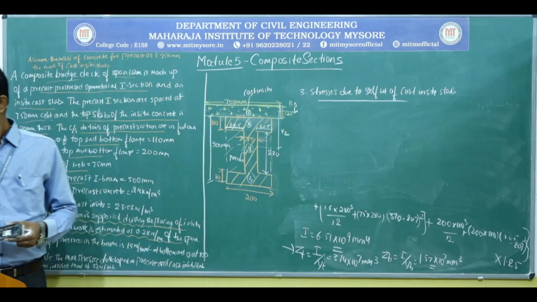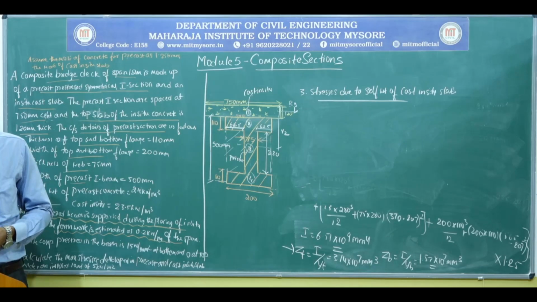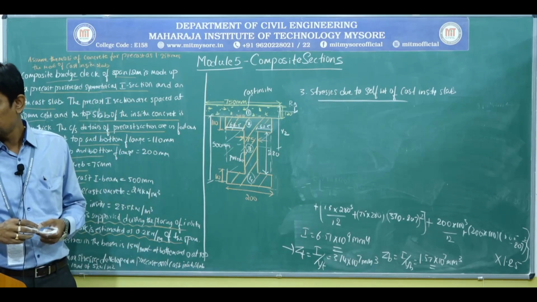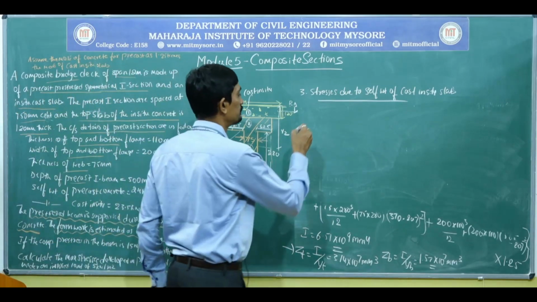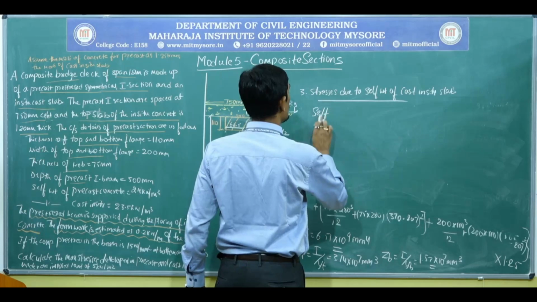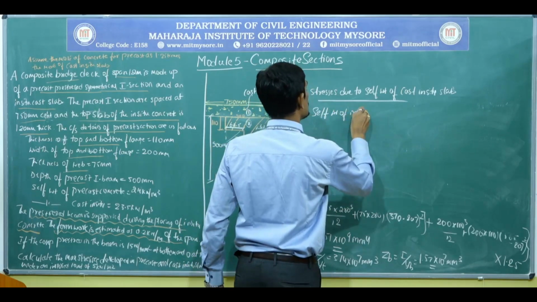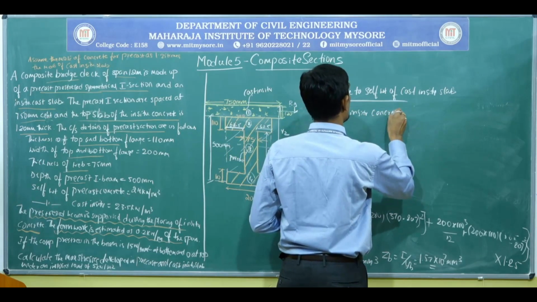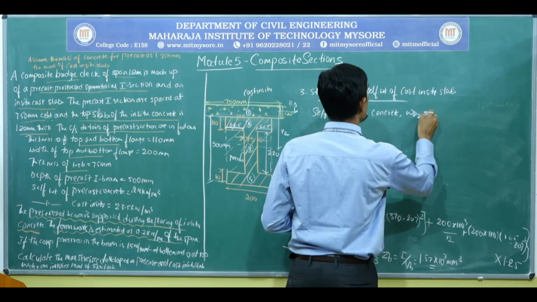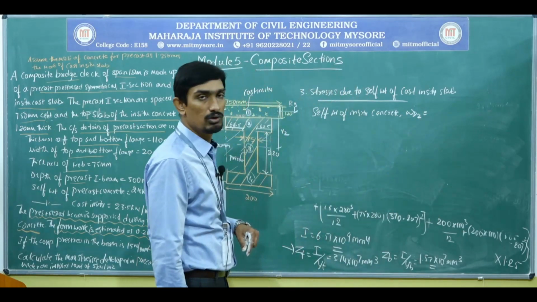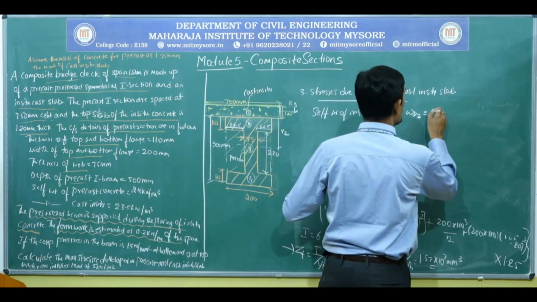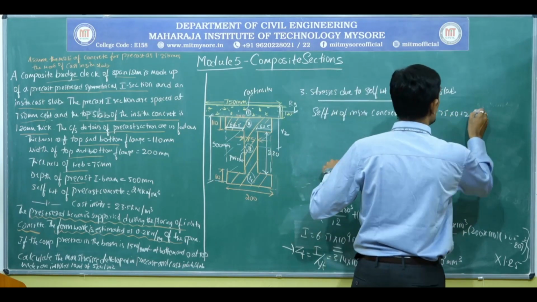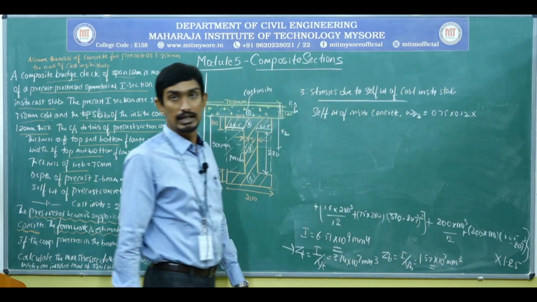Okay, so now coming to WD2, that is the self-weight of in situ concrete slab, which is equal to 0.75 is the width, 0.12 is the thickness, multiplied by the density.